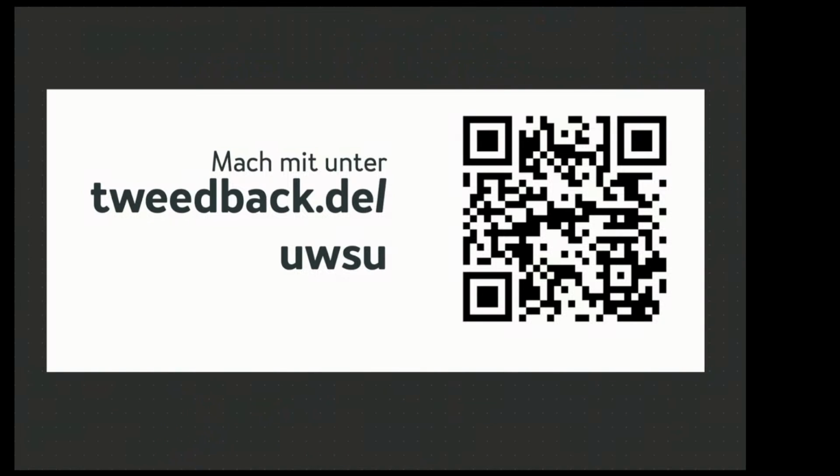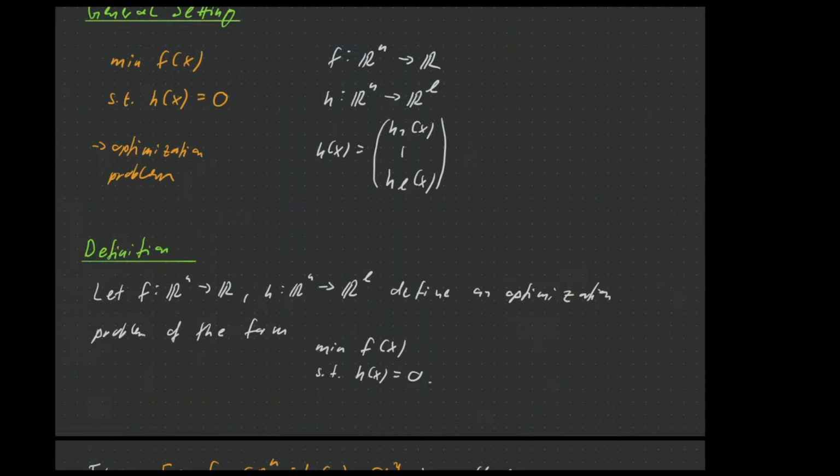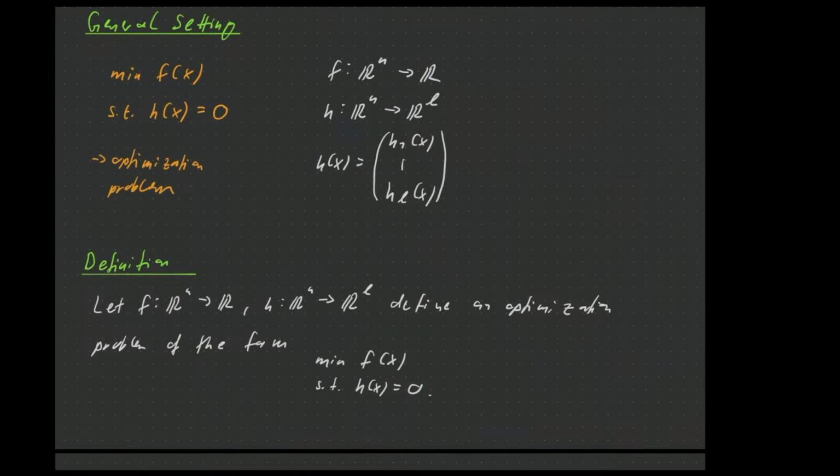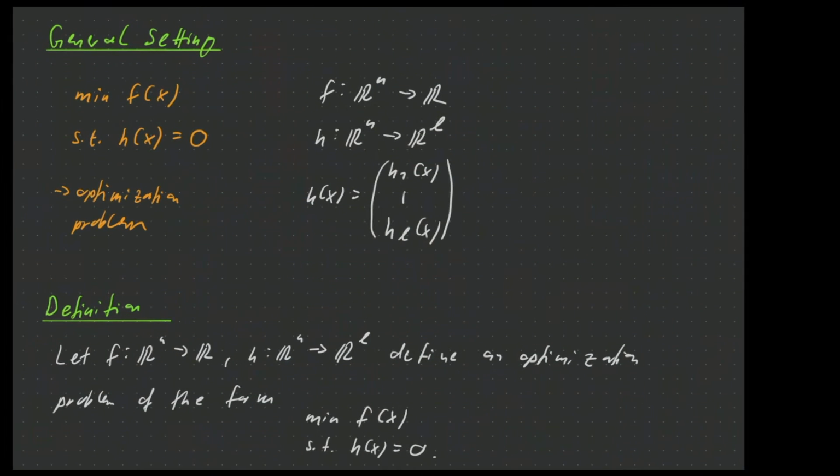Good. So, very quick recap. As you hopefully remember, we've talked about constraint optimization on Monday. Here's the first problem type that we dealt with. We want to minimize a function that is usually differentiable, subject to a number of equality constraints, and we capture those equality constraints in another function that might have a vectorial output.